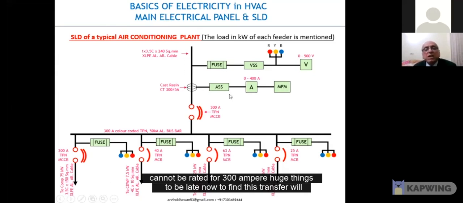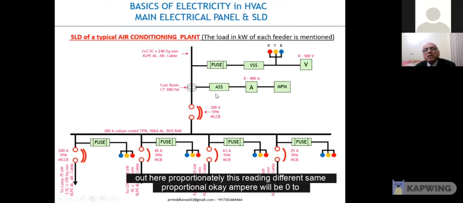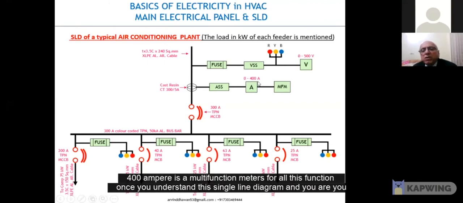It will be a huge thing. So we bring it down to 5 ampere. So this transformer will create current of up to a maximum of 5 ampere, which can be sensed out here. Proportionately, this reading will deflect in the same proportion. Ampere will be reading from 0 to 400 amperes as a multifunction meter for all your basic functions.